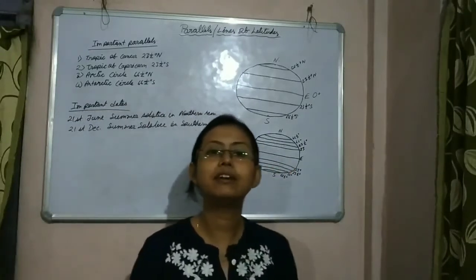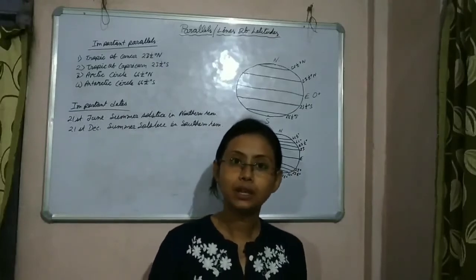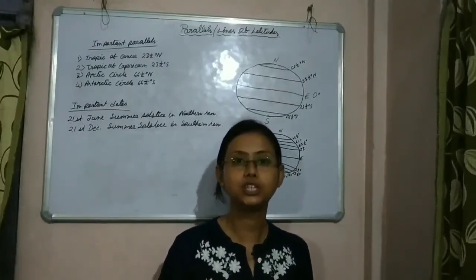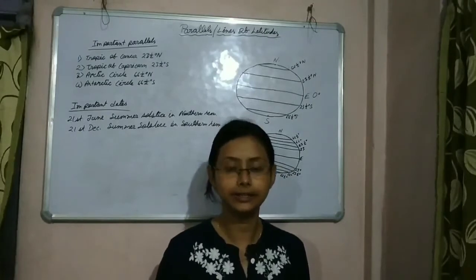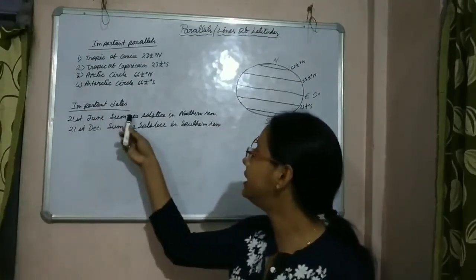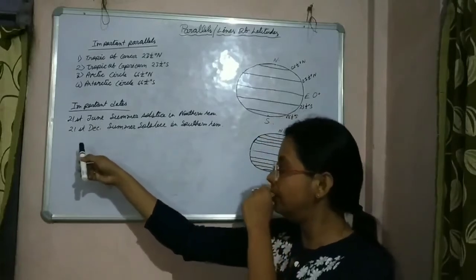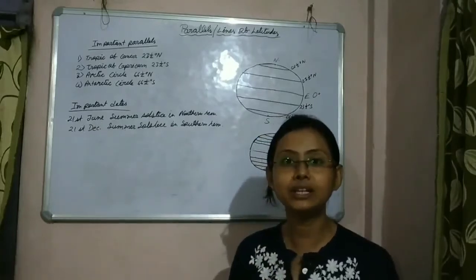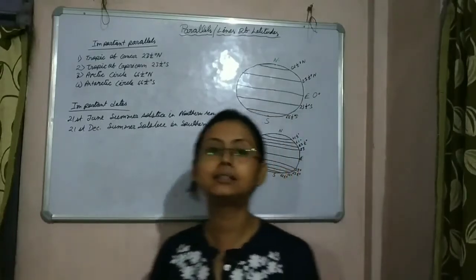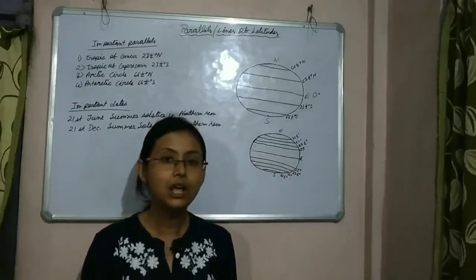These parallels have been drawn to locate the sun's position on some important dates. Here you can see some important dates I have written. The first one is 21st June and the second one is 21st December. Now why are these dates important?